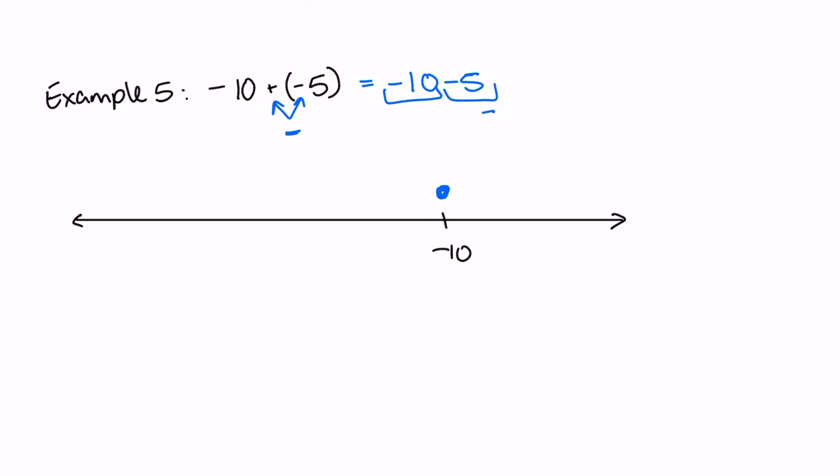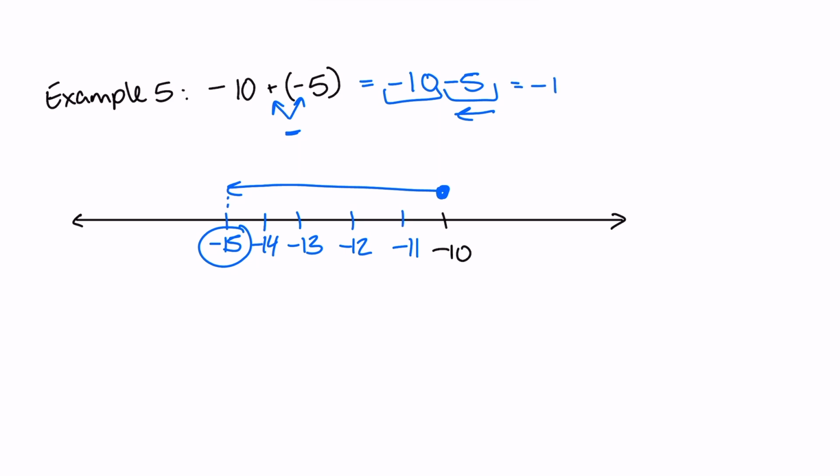So that means we're moving 5 to the left. So 1, 2, 3, 4, 5. So that's going to be -11, -12, -13, -14, and -15. So that means -10 minus 5 is equal to -15.